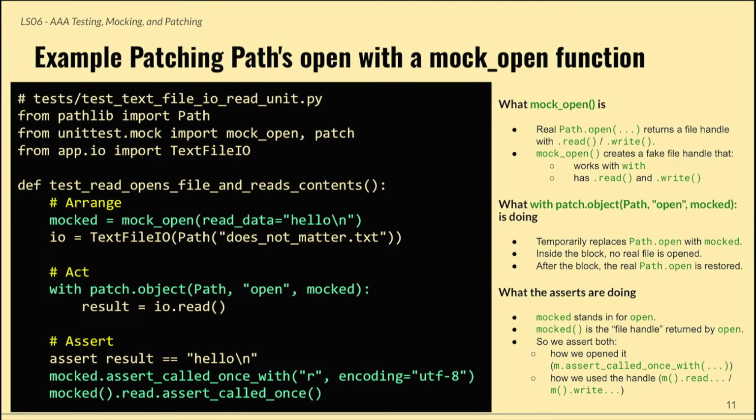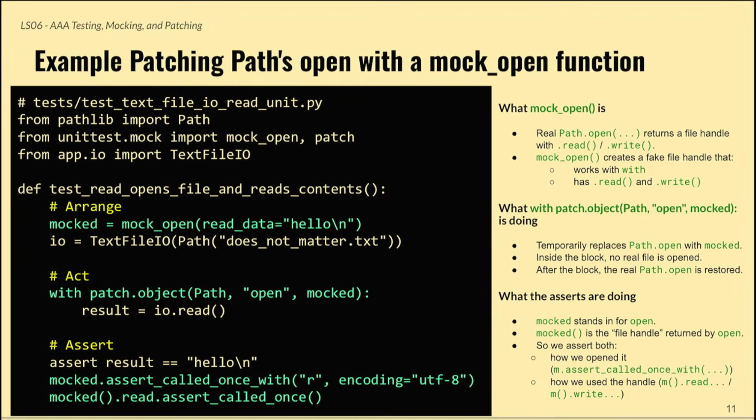And then because it's a mock, we can also take a look at some of its properties and how it was actually called. And you all read a little bit about this. So mocked was actually this open function, right? And then when it was called, there's also the read function called on the result of that. And you read about in how mocking works, that you can chain the accesses to have some assertions like this and assert that read was also called once.